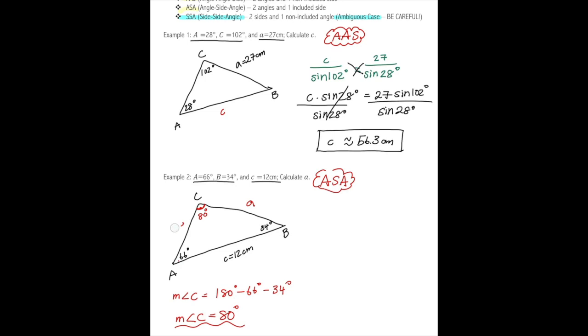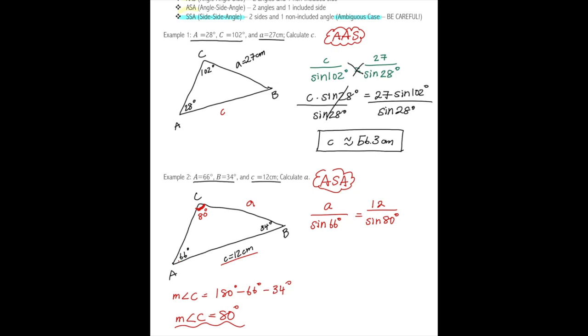Since I'm finding side a, now I can use the sine rule using the relationship between angle C and the side c that is given. I'm going to put a over sine of angle A, which is 66. Again, I'm starting with my variable because that's what I'm solving for. That should equal side c, which is 12 centimeters, over the sine of angle C, 80 degrees.